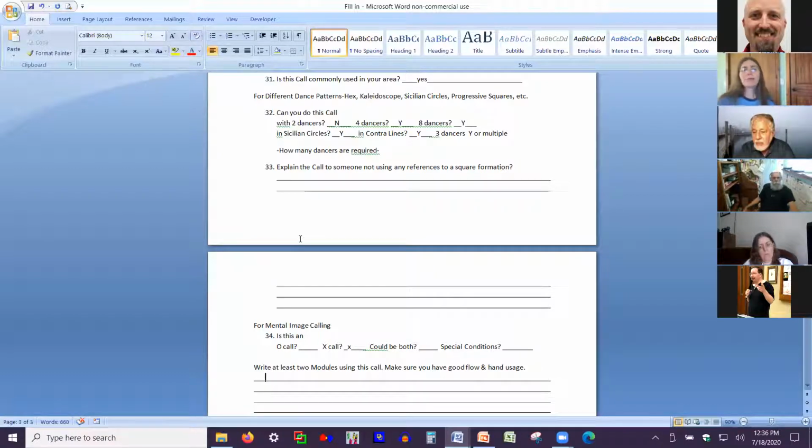Well, I personally love Sicilian circles, just because you don't have to have specific multiples of 8. And there are many times where I've run into a group where they have 2.5 squares. And so I'm like, okay, well, let's just do this and see how it works. And everybody usually likes it because you're able to change partners or change the couples that you're dancing with more frequently.